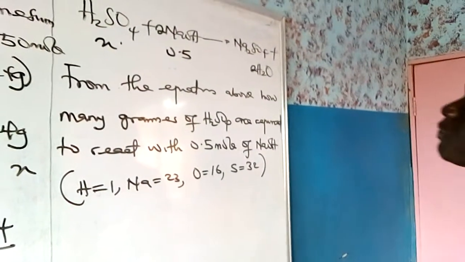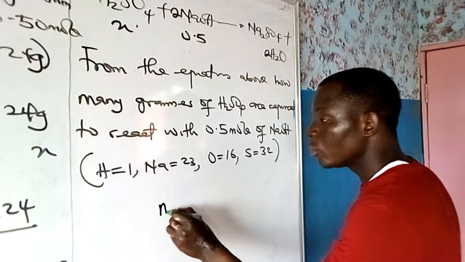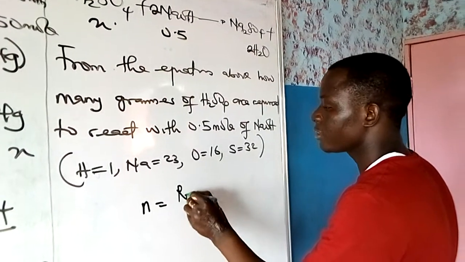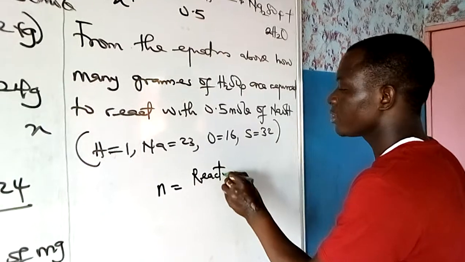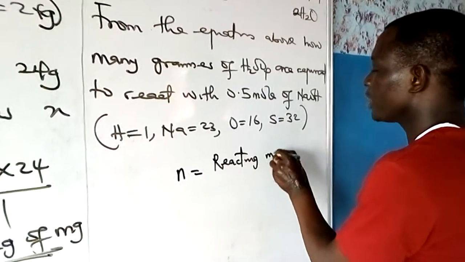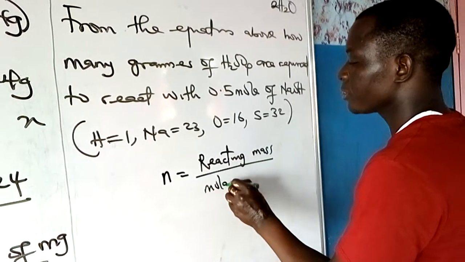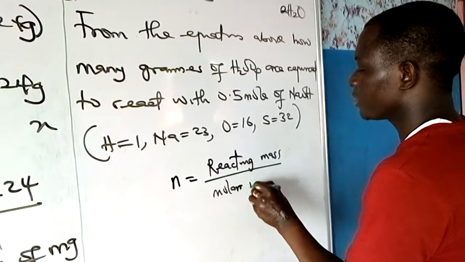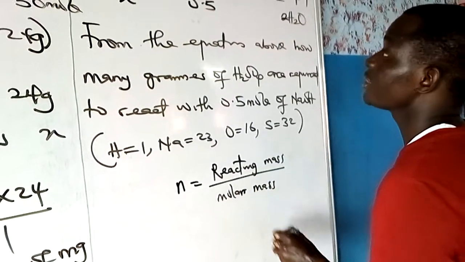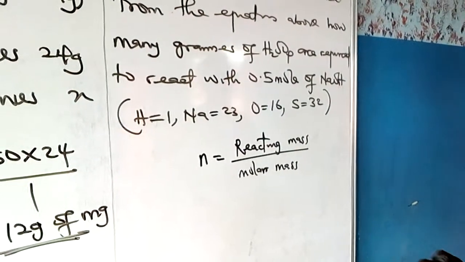But now, if I want to solve this, I can use number of mole, which is equal to reacting mass all over molar mass. So what is the reacting mass, and what is the molar mass?